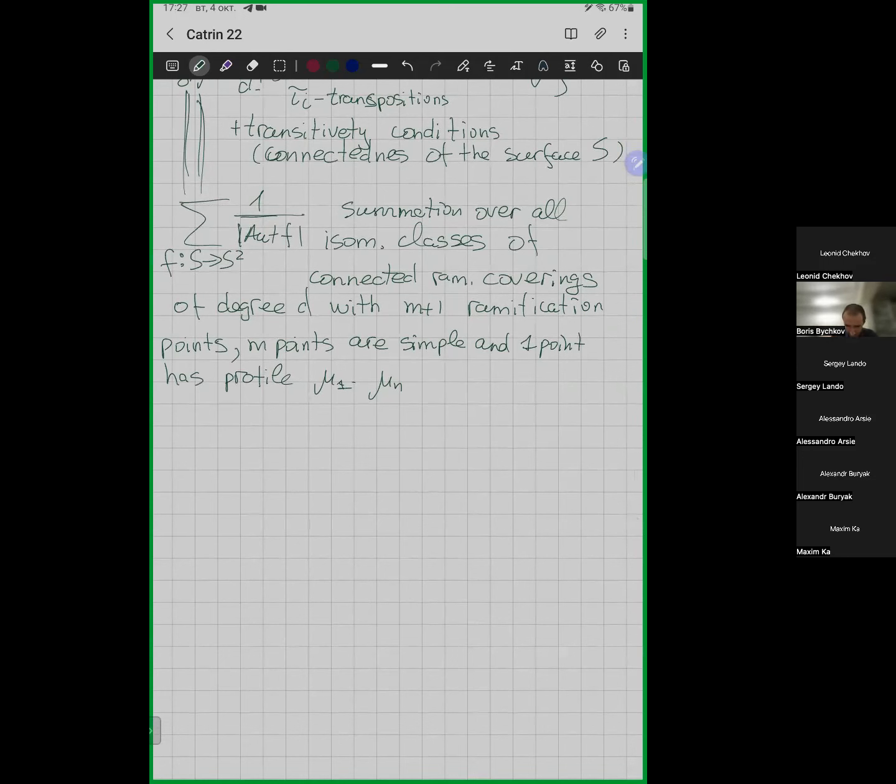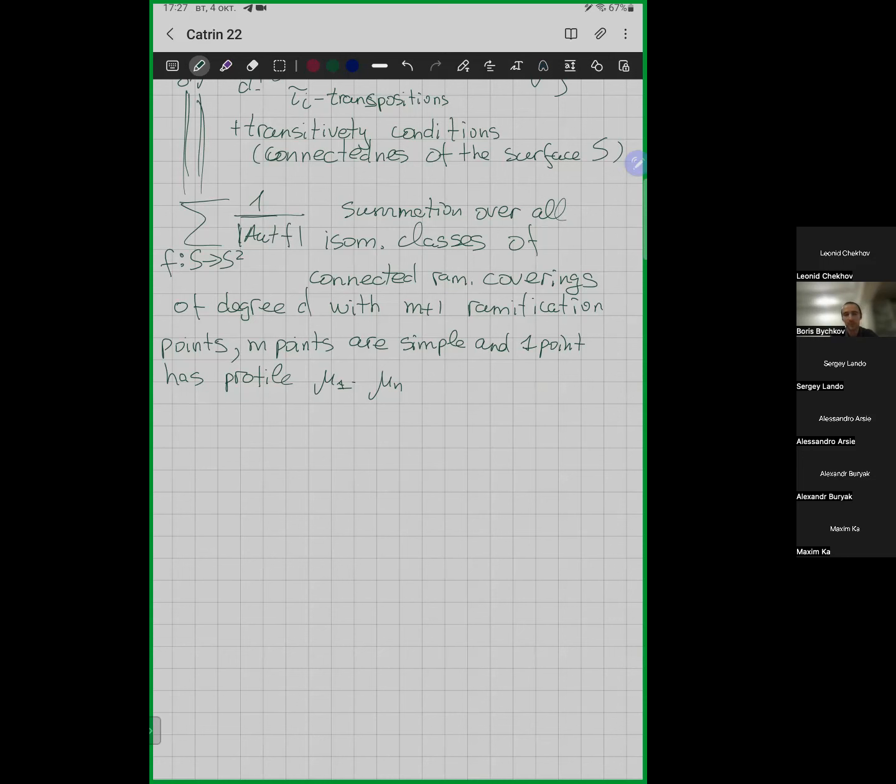As in the example of volumes of moduli spaces with boundaries, topological recursion is more or less the most efficient way to count these volumes.